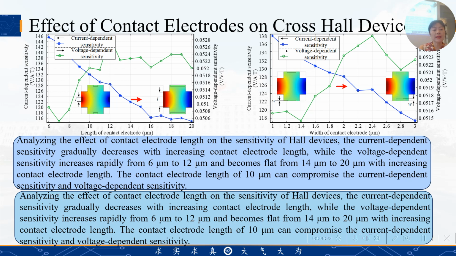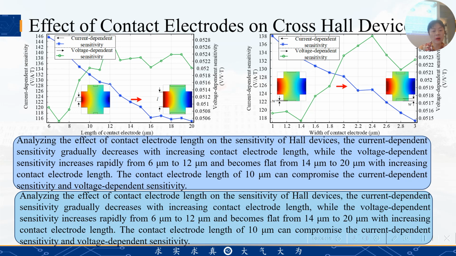After that, analyze the effect of contact electrode length on the sensitivity of the whole device. The current-dependent sensitivity gradually decreases with increasing contact electrode length, while the voltage-dependent sensitivity increases rapidly from 6 to 12 and becomes flat from 14 to 20 with increasing electrode length.